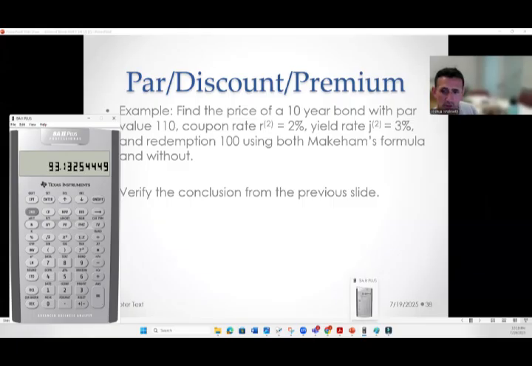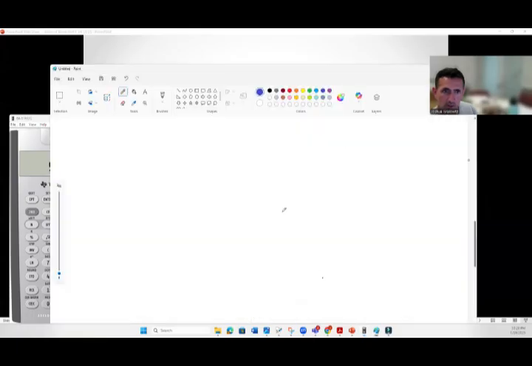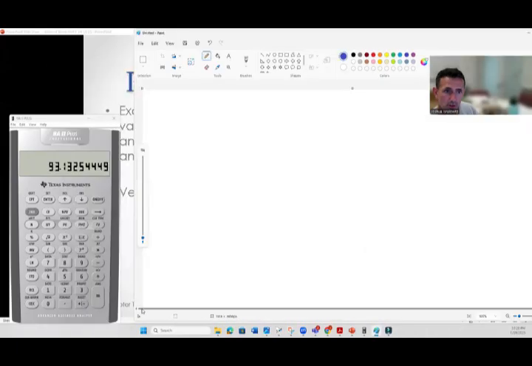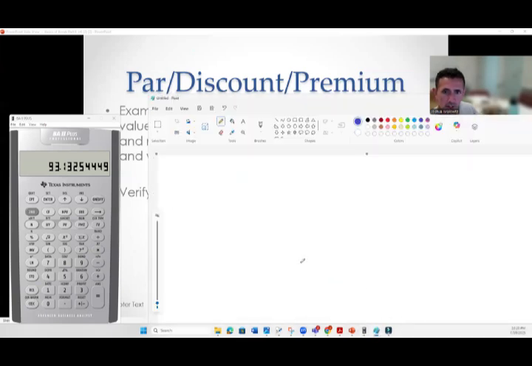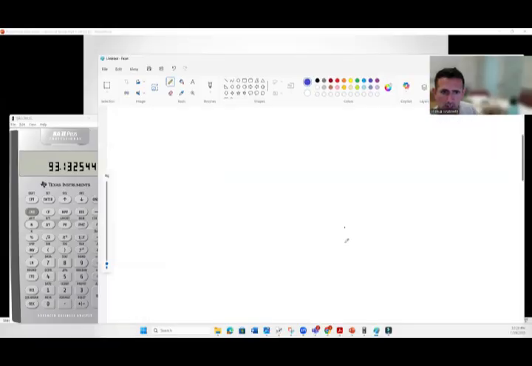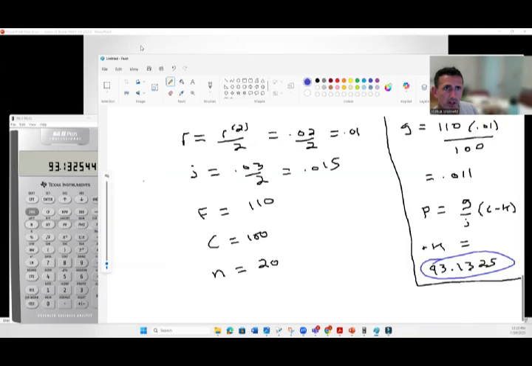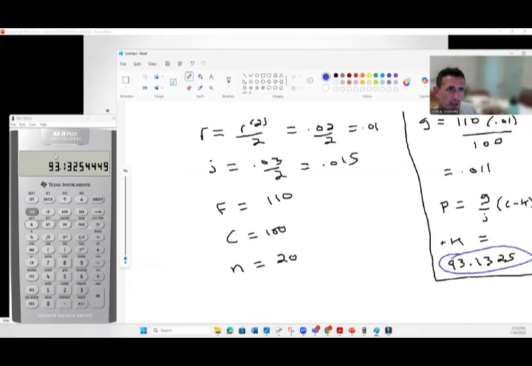And lo and behold, 93.1325, 93.132. Compare this to what I stored in the one spot. It's literally the same.